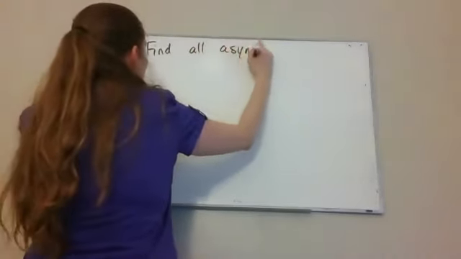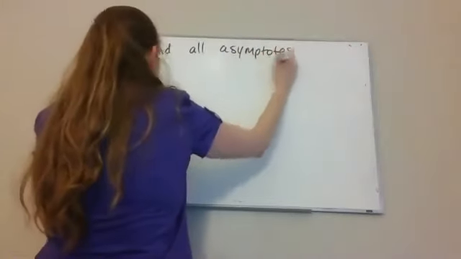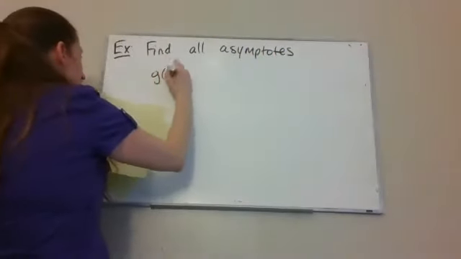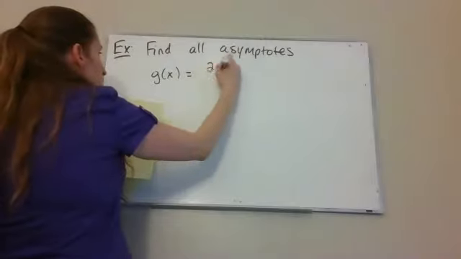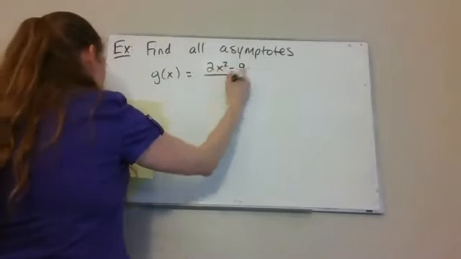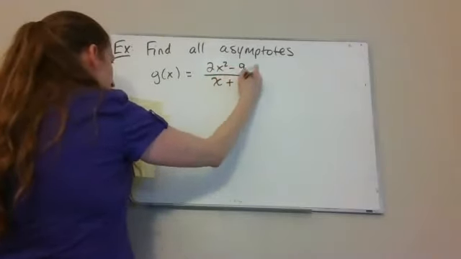Find all of the asymptotes of g of x equals 2x squared minus 9 over x plus 1.